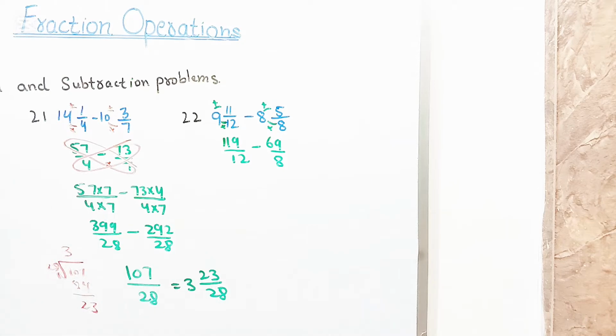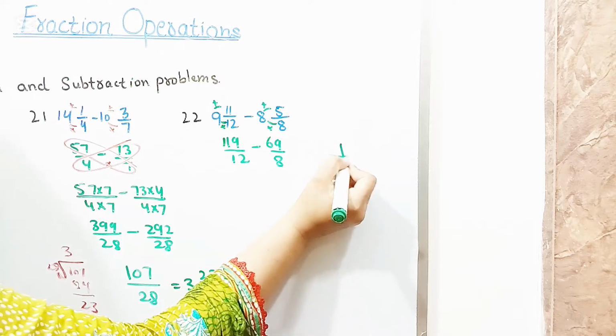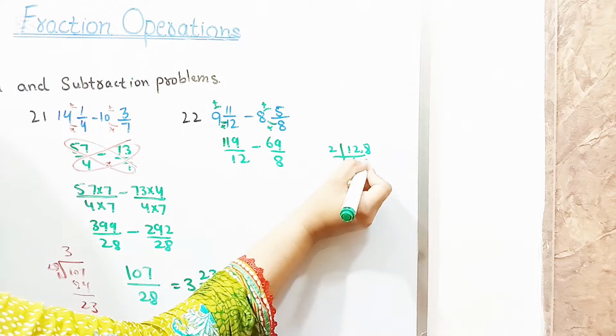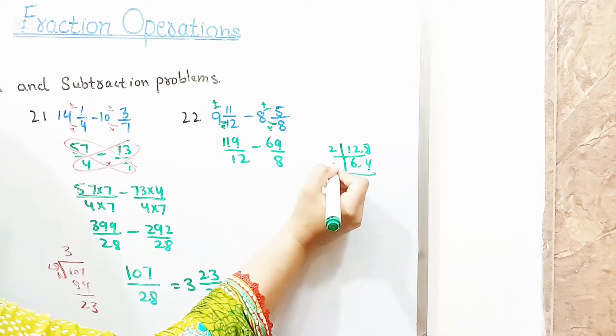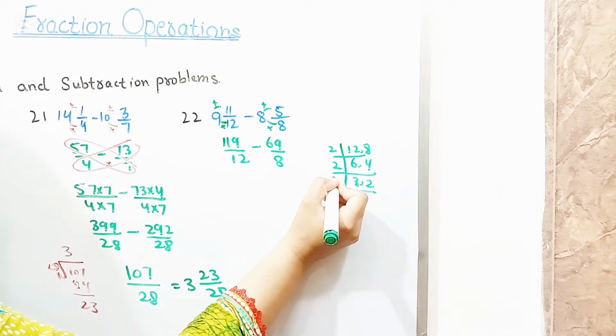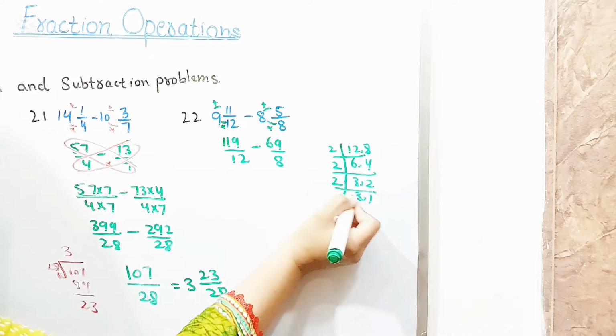So we take the LCM of 12 and 8. 2 6s are 12, 2 4s are 8, 2 3s are 6, 2 2s are 4, 2 1s are 2.